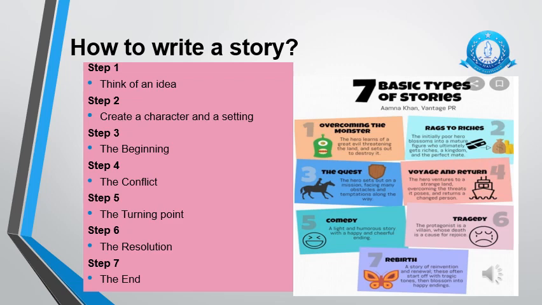The next step, step number 5, is the turning point. What does this mean? Any guesses? The turning point is also known as the climax. It is the point of highest tension. It is when something begins to change.